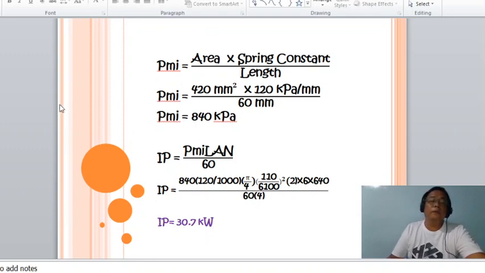So therefore, the indicated mean effective pressure is 840 kilopascal. And then substituting this mean effective pressure into the original equation of indicated power, the indicated power is 30.7. Okay?